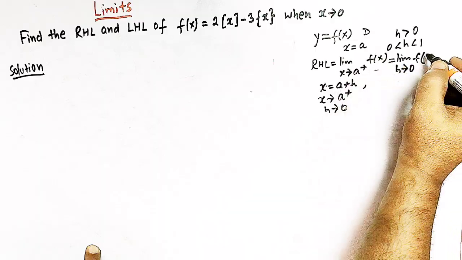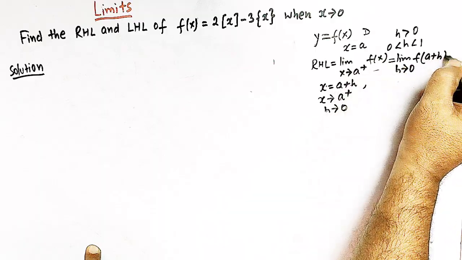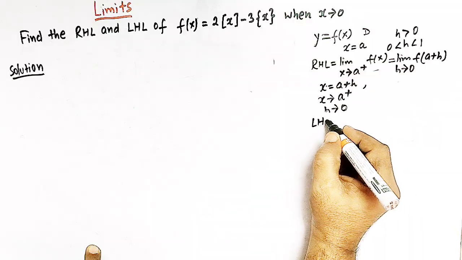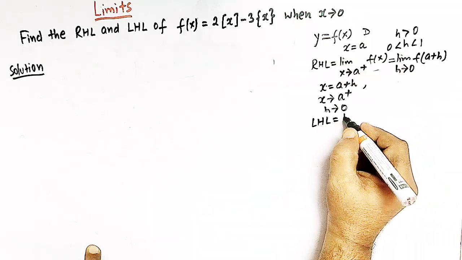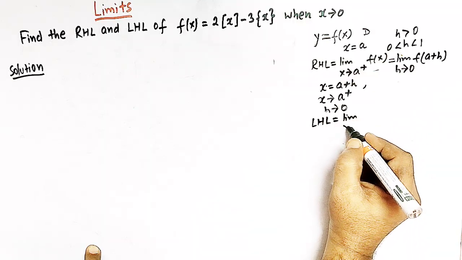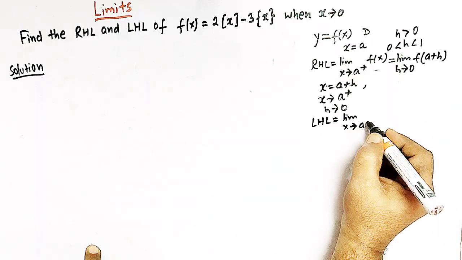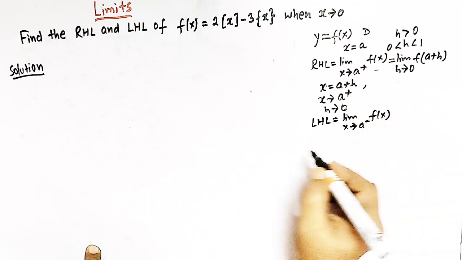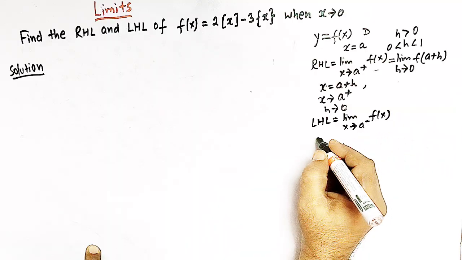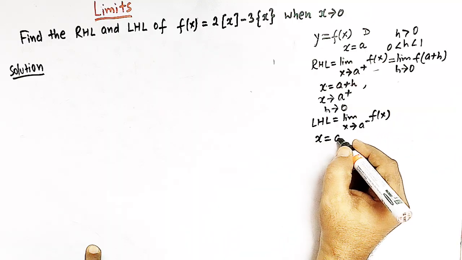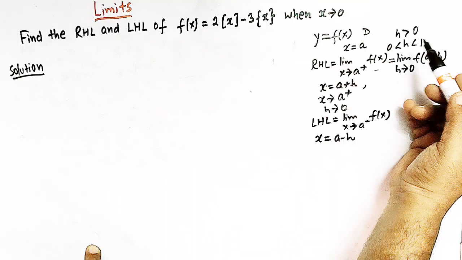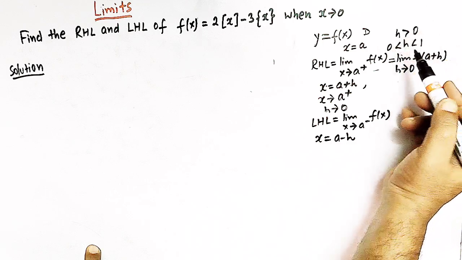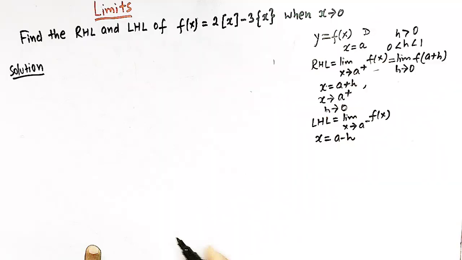For x we can write a plus h. Similarly, if we have to find the left hand limit, the notation goes like this: x tends to a, with a negative sign, of f of x, and in this case we take x is equal to a minus h, where h is infinitesimally very small, h is positive, h lies between 0 and 1.